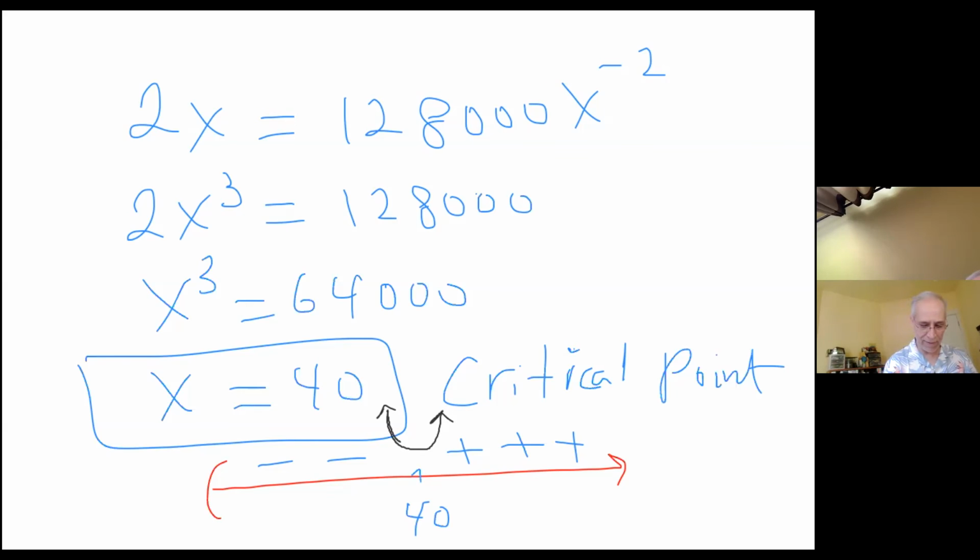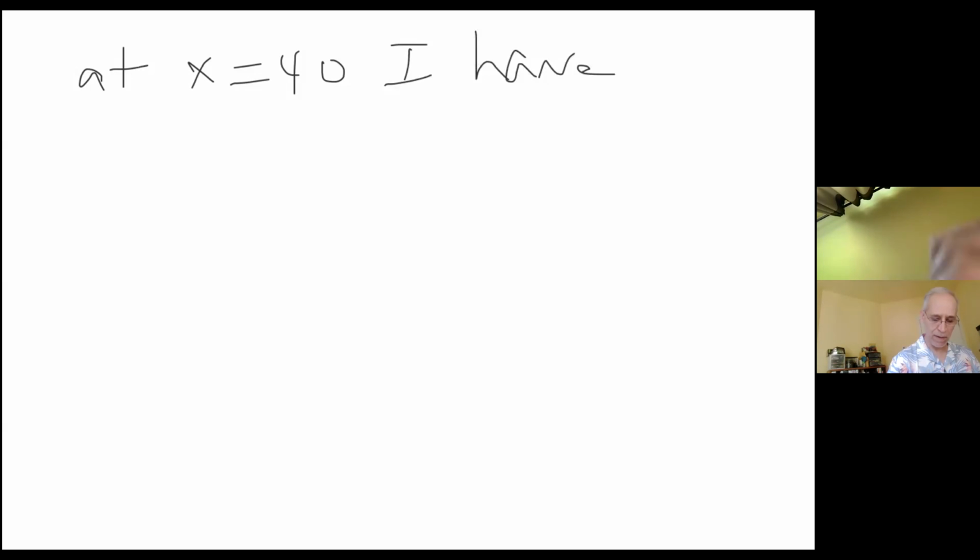So I do have a minimum at 40. So at x equals 40, I have a minimum.